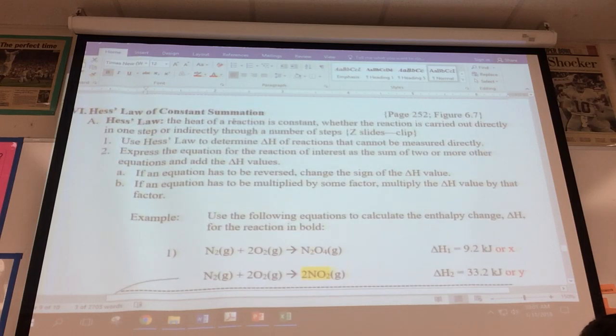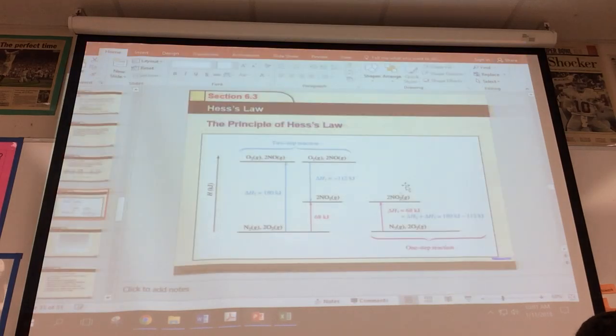Hess's law says that the heat of a reaction is constant whether it's carried out in one step or through a series of steps. And those series of steps you can see here. Instead of going from here to here, you go from here to here, then you go here, and then it's just the sum of the two.